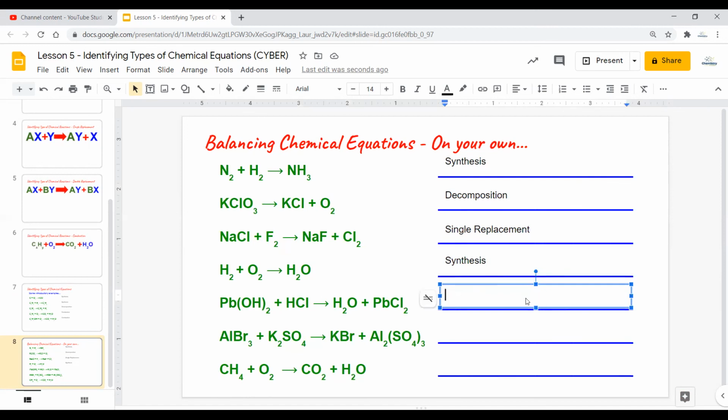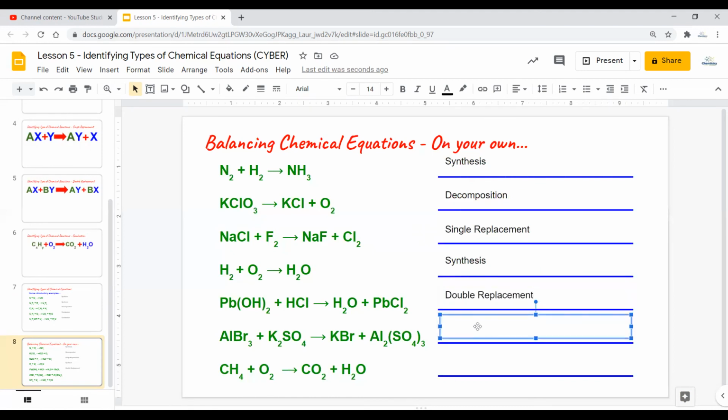So this is an example of a double replacement reaction. The next example is another double replacement reaction. We have aluminum pairing up with sulfate to give us aluminum sulfate, and we have potassium pairing up with bromine to give us potassium bromide. So another double replacement example.